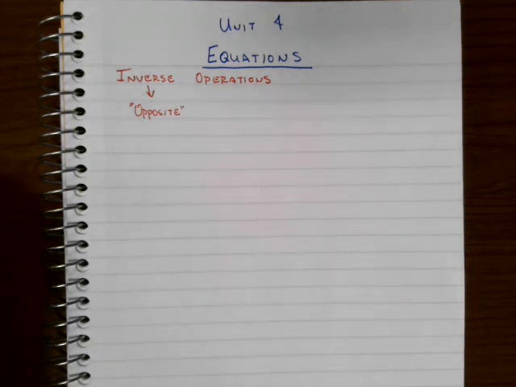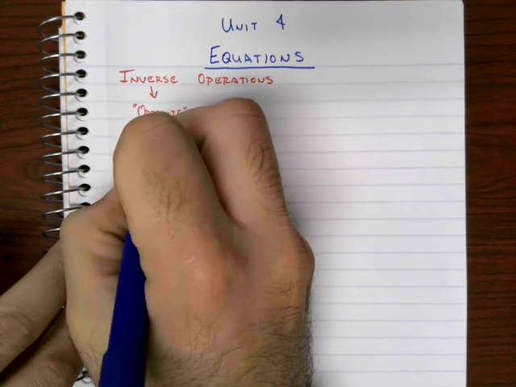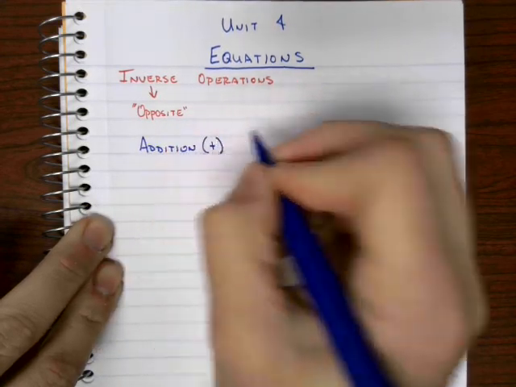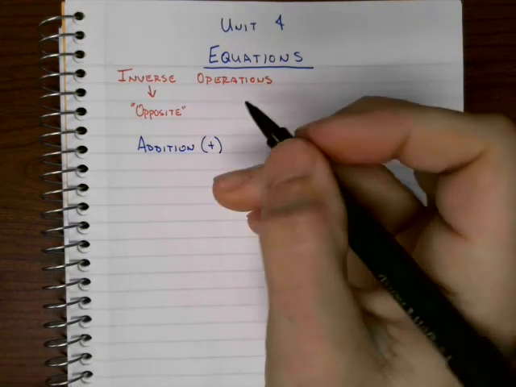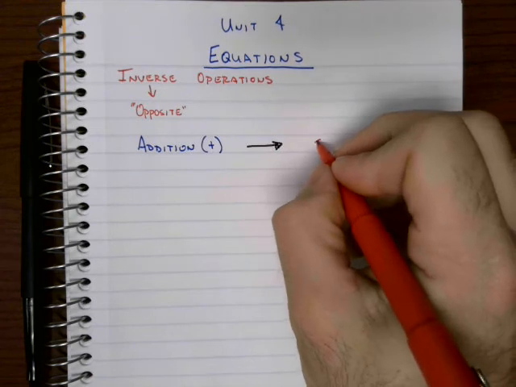All right, so the first one is addition. We know addition is a plus sign. The opposite to addition is subtraction.